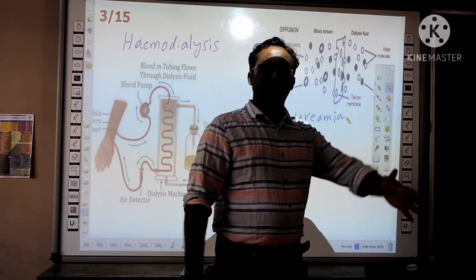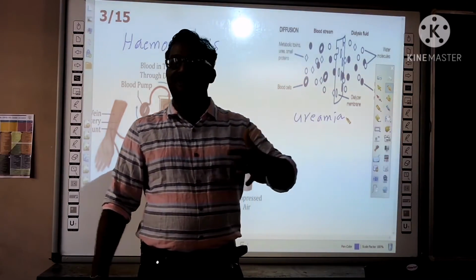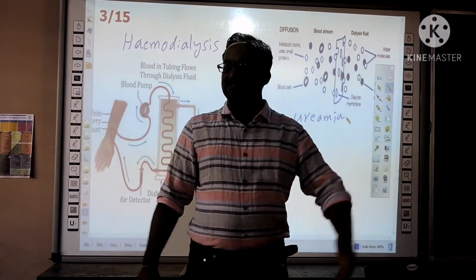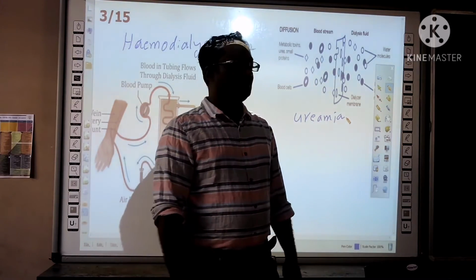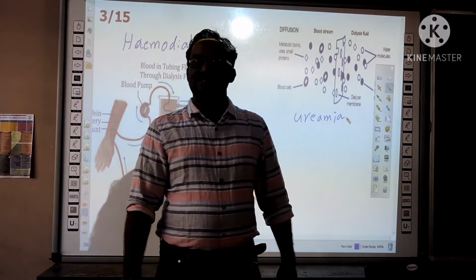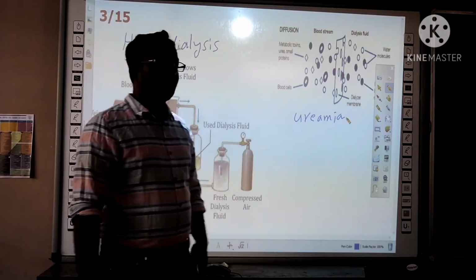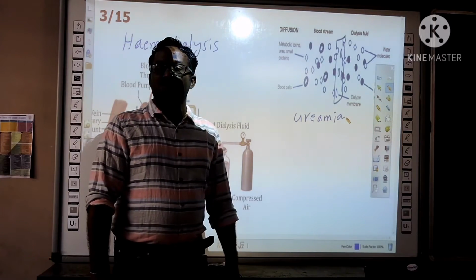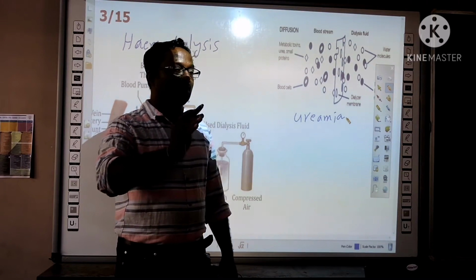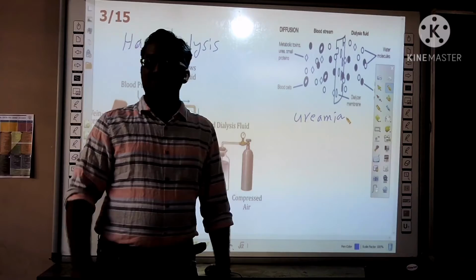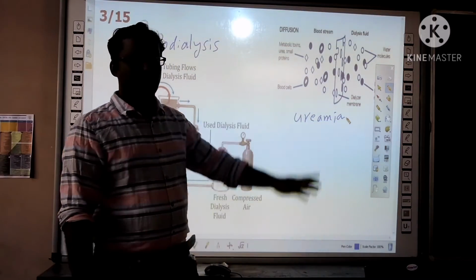What is the solution? Nowadays, due to development of technology in biology or medicine, various alternatives exist. One is dialysis. If the kidney disease is in primary condition, you can use the dialysis process.